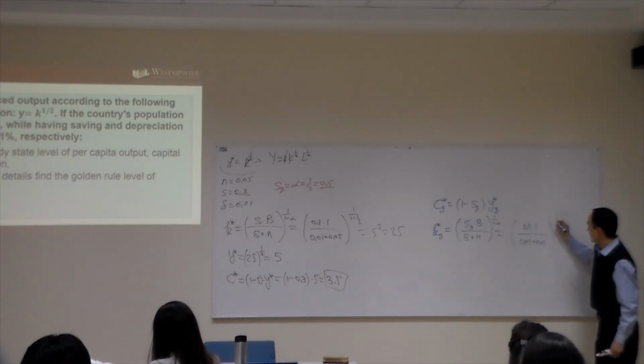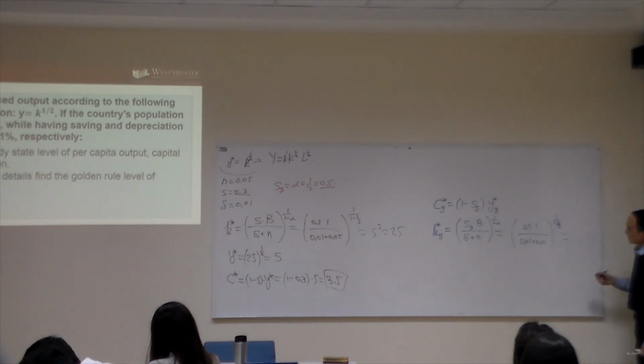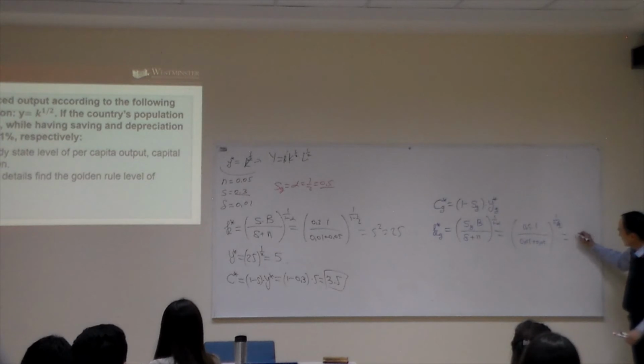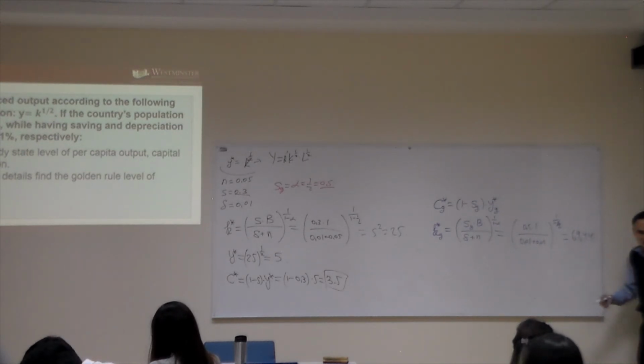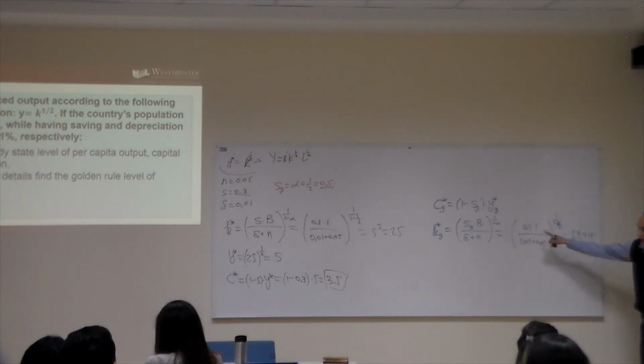So 1 over 1 minus alpha of 1 over 2, which, if I'm not mistaken, is equal to 69.44. I think you will get this number.